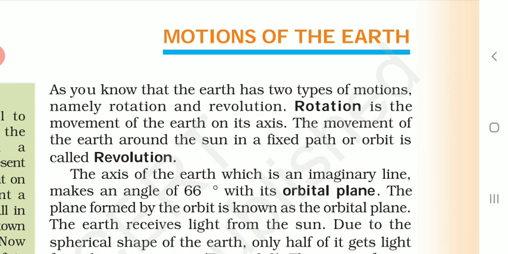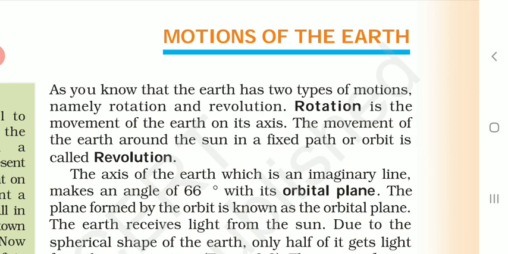When the earth completes one spin around its axis, it takes 24 hours. So, this movement around its axis is called rotation. Another movement of the earth is revolution.